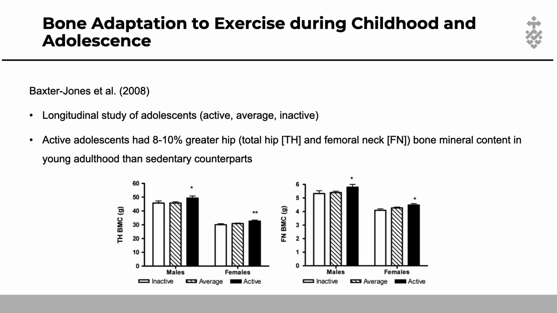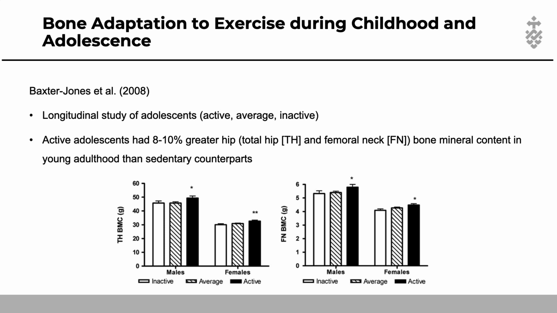And what they found was that physically active adolescents were able to maintain their higher bone mineral content into their 30s compared to their less active peers. So it was found that adolescents had around 8 to 10% more bone mineral content at the total hip and femoral neck sites.